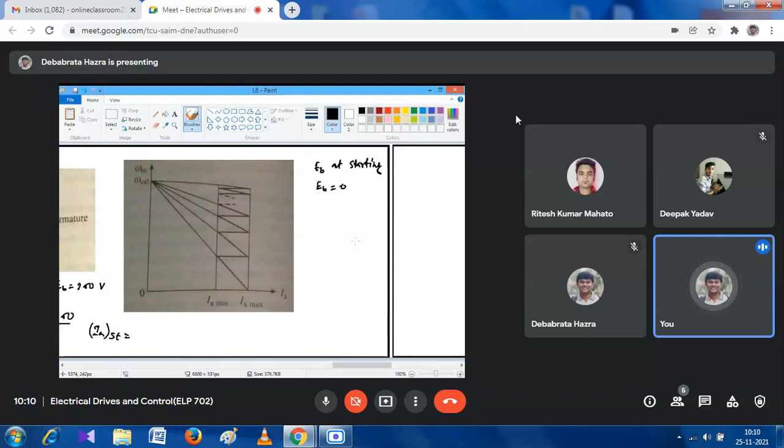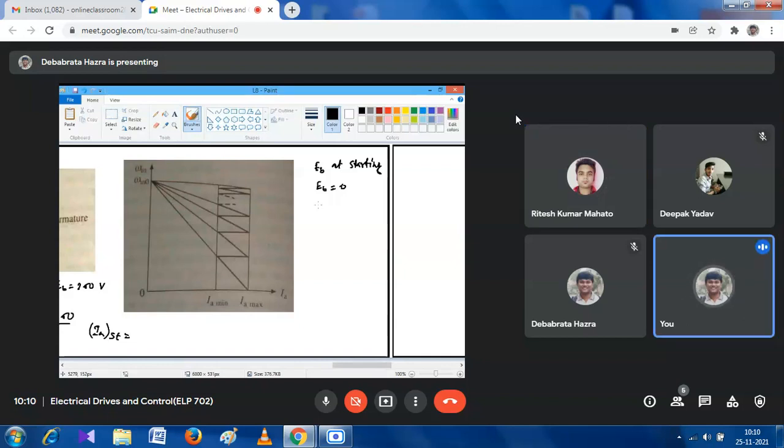Have you any kind of answer? The rotor will rotate, then only back EMF will be generated, otherwise it will not. Good. Because at the time of starting, what is the value of N? The rotor will stand still. Rotor is in static condition.